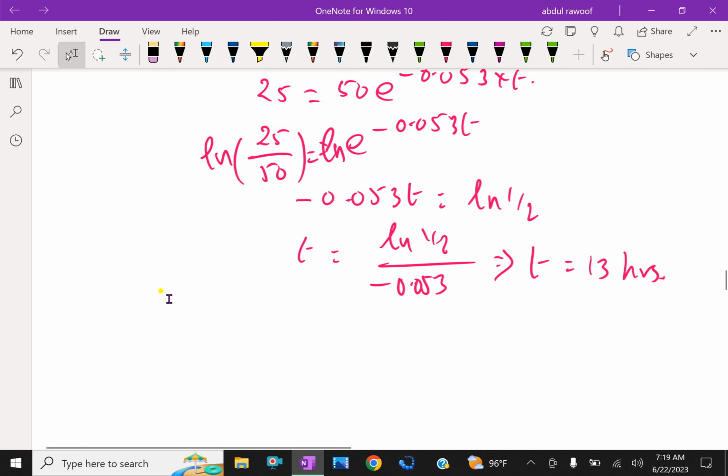That is, after 13 hours, the original mass becomes half of it. That is, it becomes 25 milligram in 13 hours.